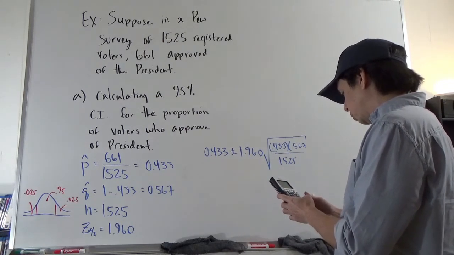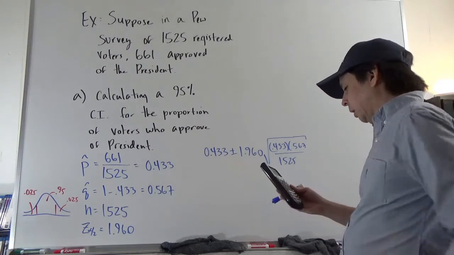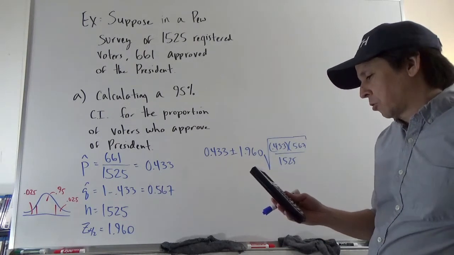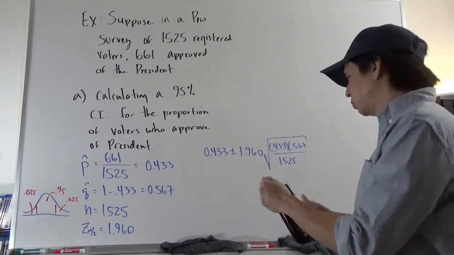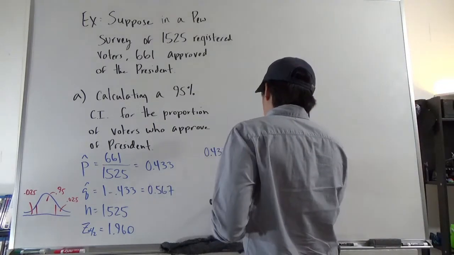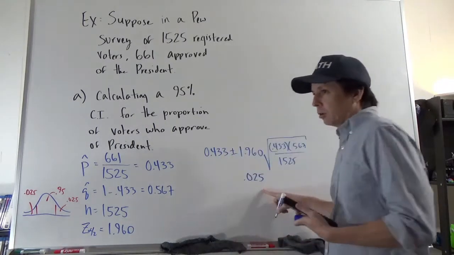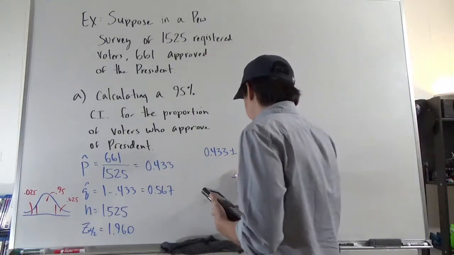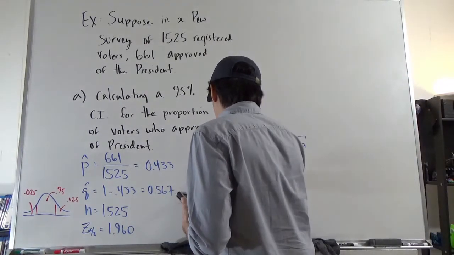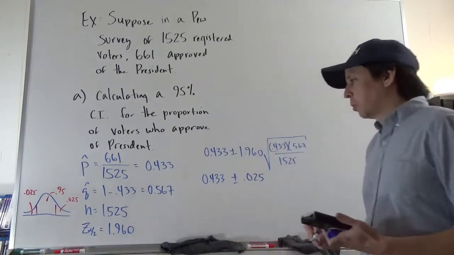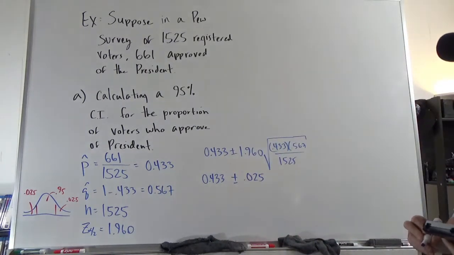And I got 0.0248. I'm going to round it to 3 places, as usual for proportions, so it's going to be 0.025. That's a 2.5% margin of error. 0.433, okay.